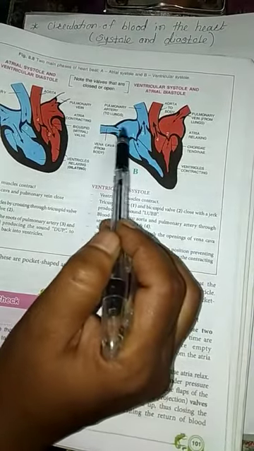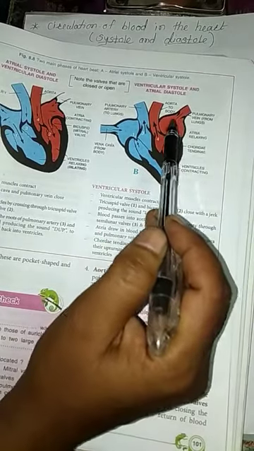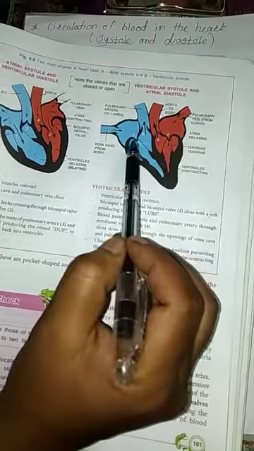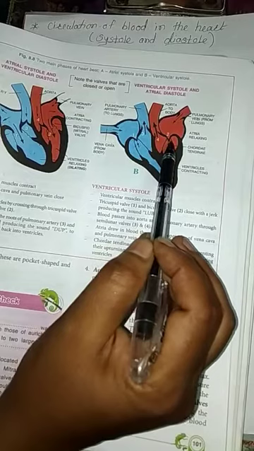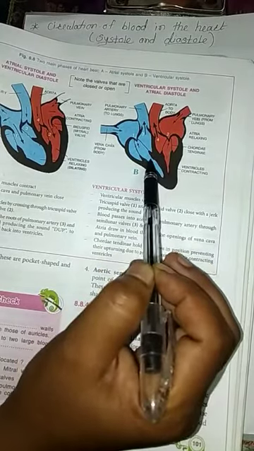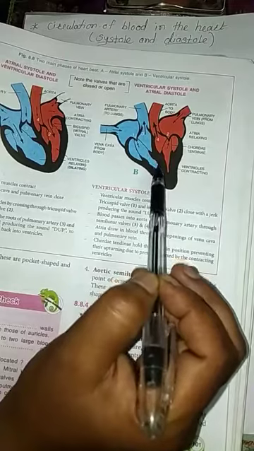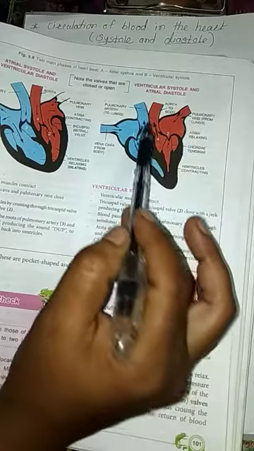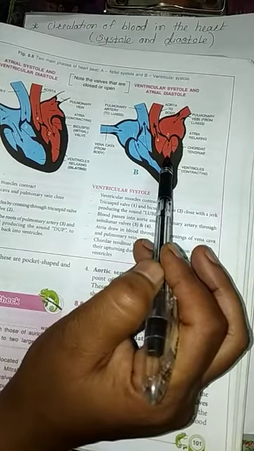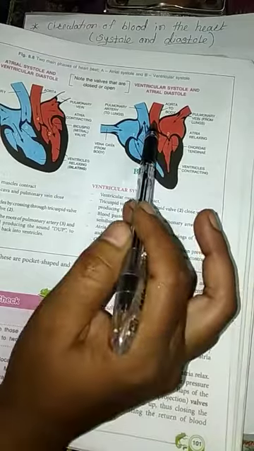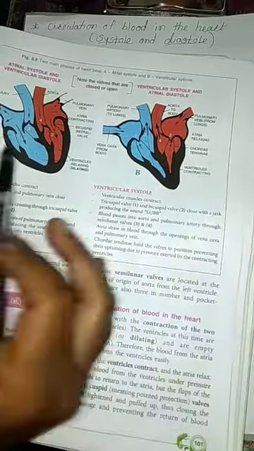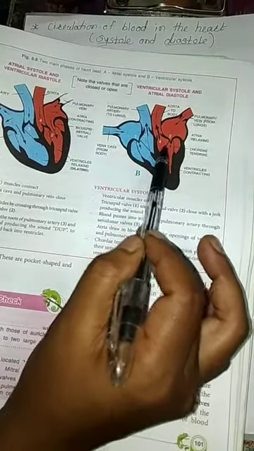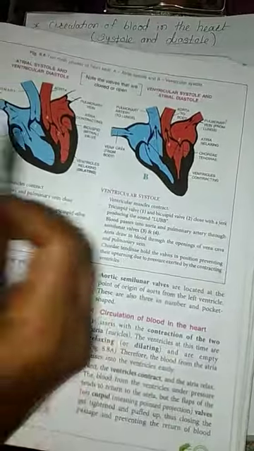The right auricle is filled with blood from the vena cava and the left auricle is filled with blood from the pulmonary vein. The tricuspid and bicuspid valves are closed, and the two ventricles contract. The right ventricle pushes the blood through the pulmonary artery to the lungs for oxygenation, and the left ventricle pushes the blood through the aorta to all body parts. Got it? And when the tricuspid and bicuspid valves close, the lup sound is produced.